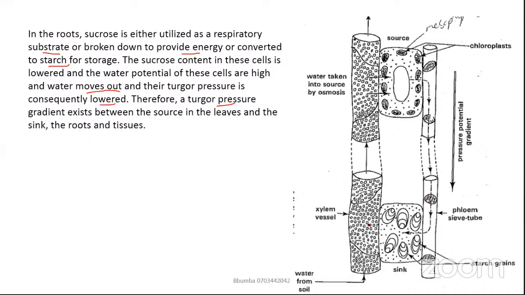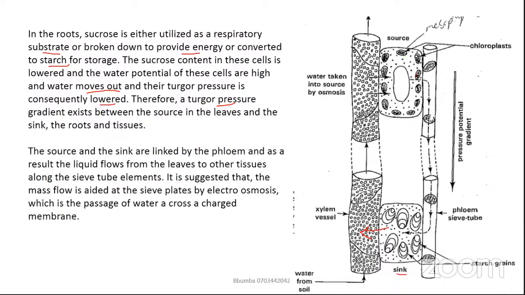You can see that water can move out into the xylem, this side, or to these other surrounding cells. This cell is going to be a little bit plasmolyzed. Turgor is high at the source and low at the sink, and that is what drives translocation down to the sink.